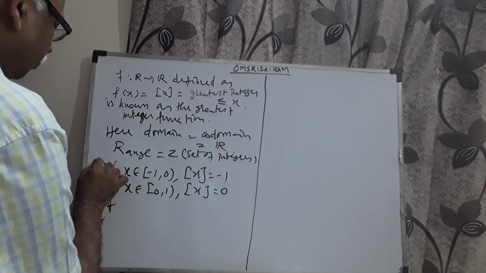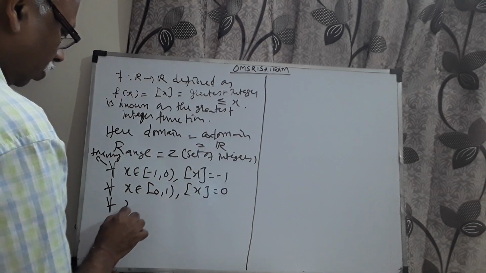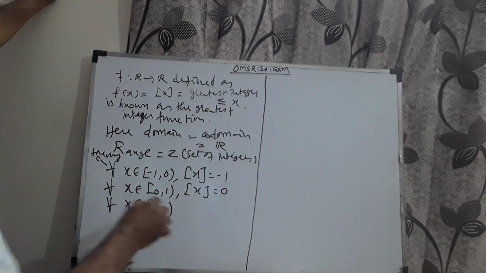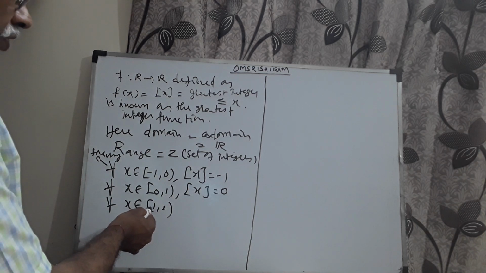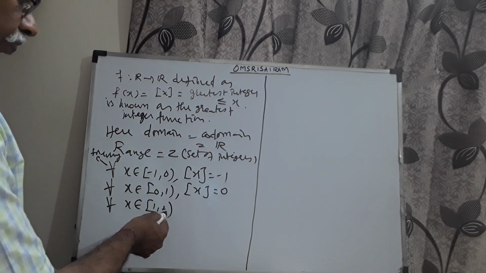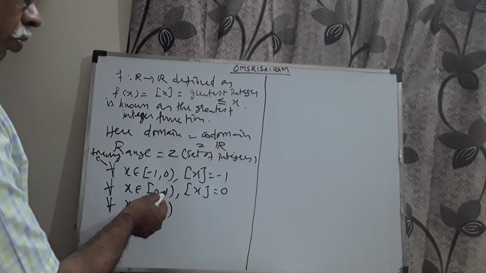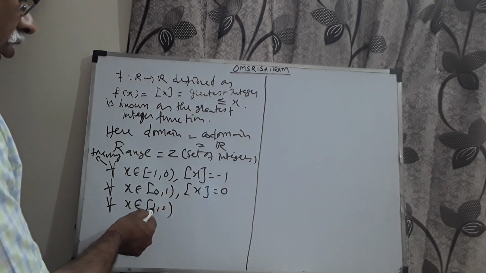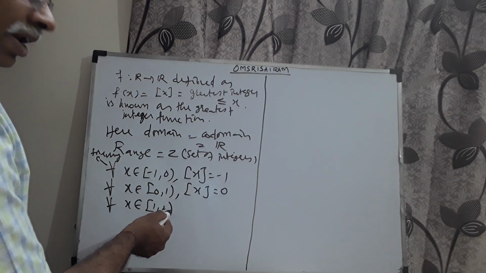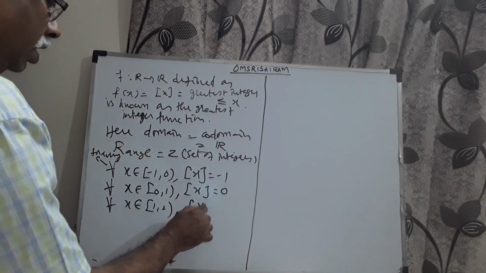This symbol is meant for all, either way you can say. For every x element of [1, 2), inclusive 1 and exclusive 2, that is 1.1, 1.2, etc., 1.99, 1.999, 1.9999, etc., not exactly 2. Here the box value will automatically be 1.